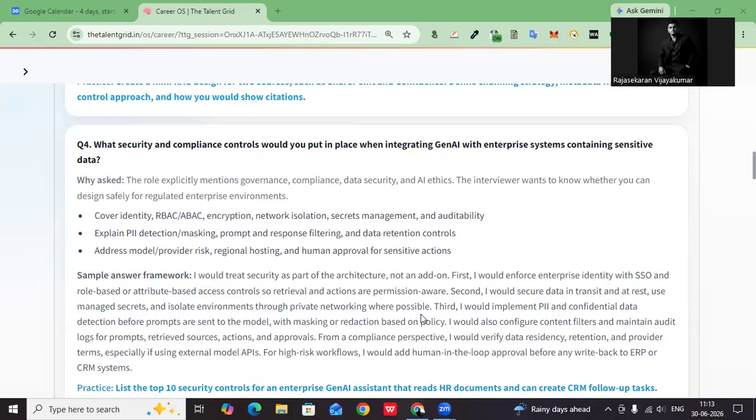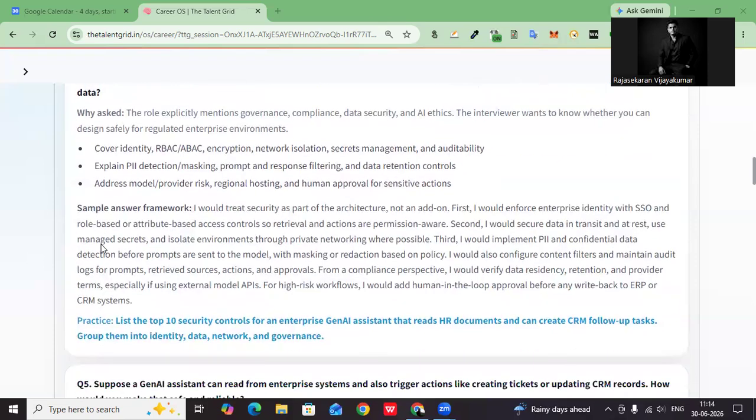Coming to the prompt, I will be guarding against prompt injection, and making sure audits are tracked. For monitoring, I will be tracking cost and latency. These are the key criteria I will implement as security and compliance controls in the GenAI system, Devanshu.